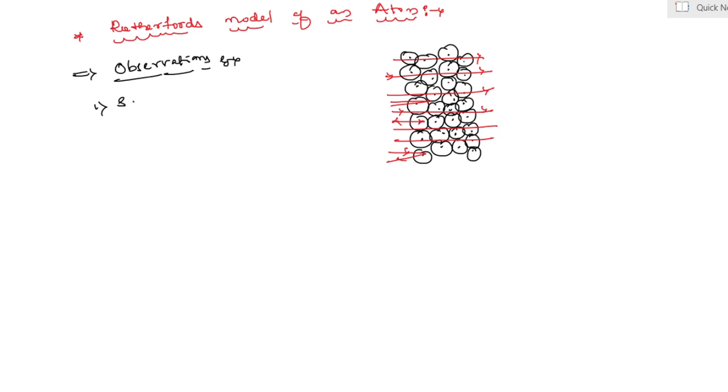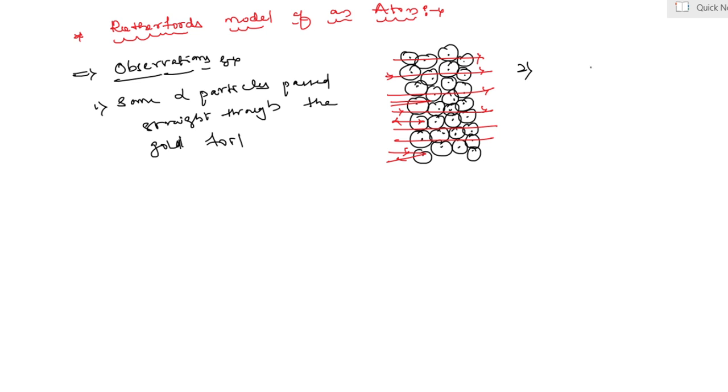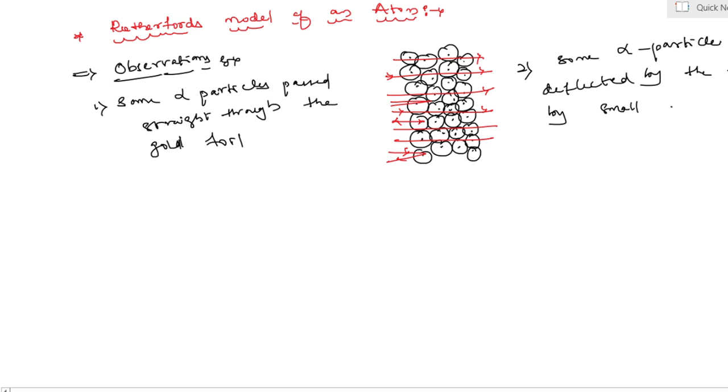Here, first, most alpha particles passed straight through the gold foil, and second, some of the alpha particles were deflected by the foil by small angles.